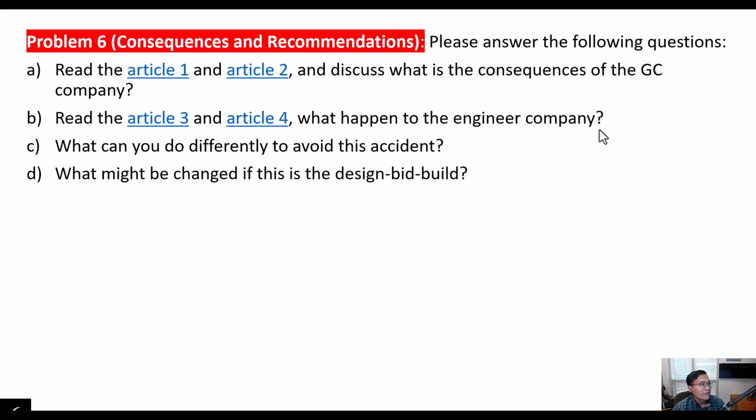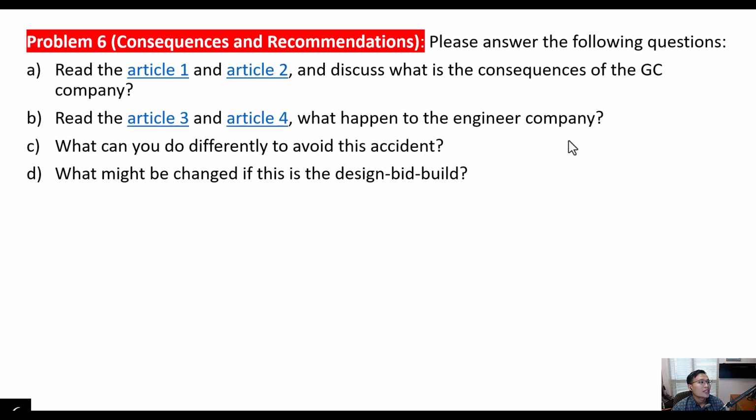However, for FIC, that is the design company, the main architect or the main engineer, his license was revoked. However, beyond that, nothing else happened to the engineering company. So you see that because this one is the design-build delivery method, that's why the GC received mainly all the consequences.